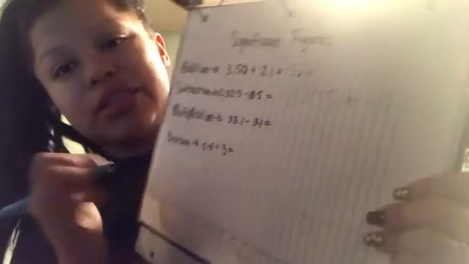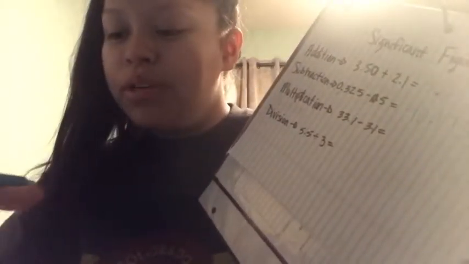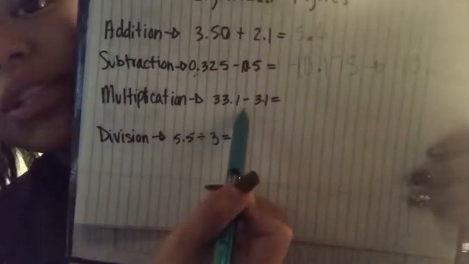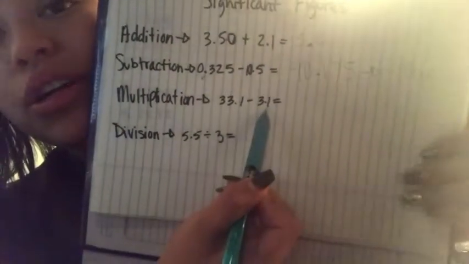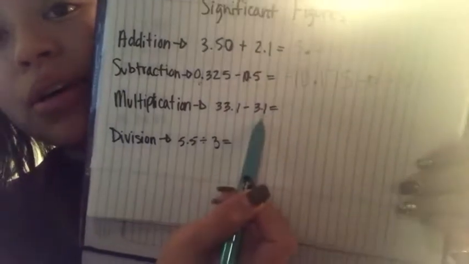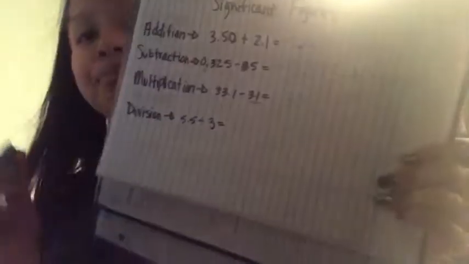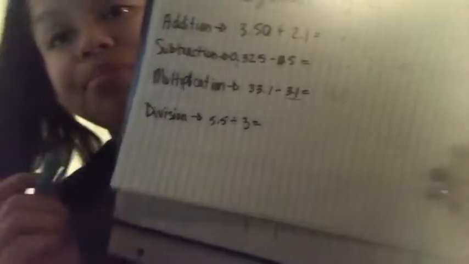And then next up is multiplication. So we will go ahead and put it in the calculator: 33.1 minus 3.1 is 30. Right here you see that there are 3 sig figs there, 2 right here. So the maximum we can have is 2. And the answer is 30, so we won't have to worry about that.